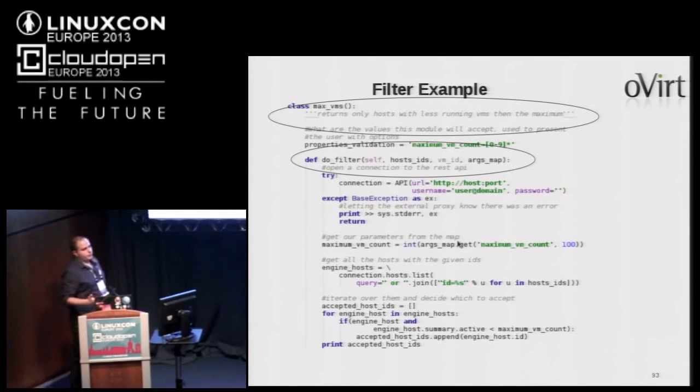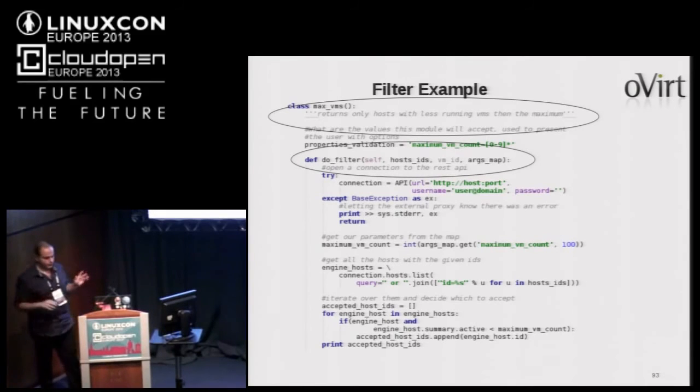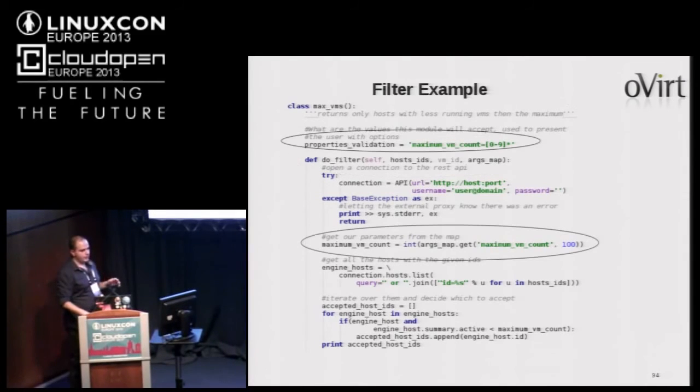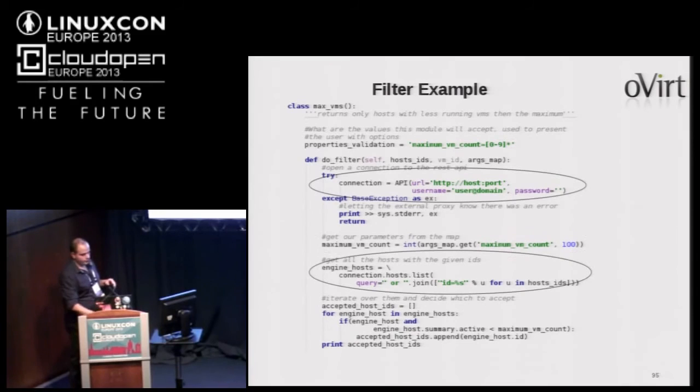So what I need to do, basically, if you don't look at the code for a second, is go over all the hosts, identify the ones running more than the maximum number of VMs, and filter them out. That's the only thing I need to do. So I use the API to do that.